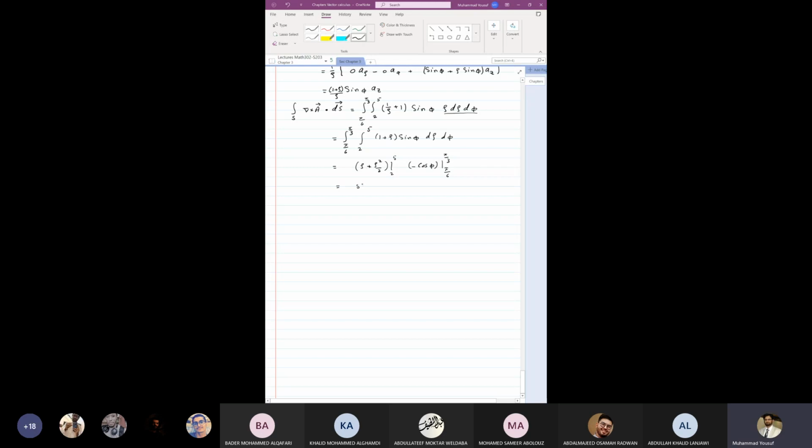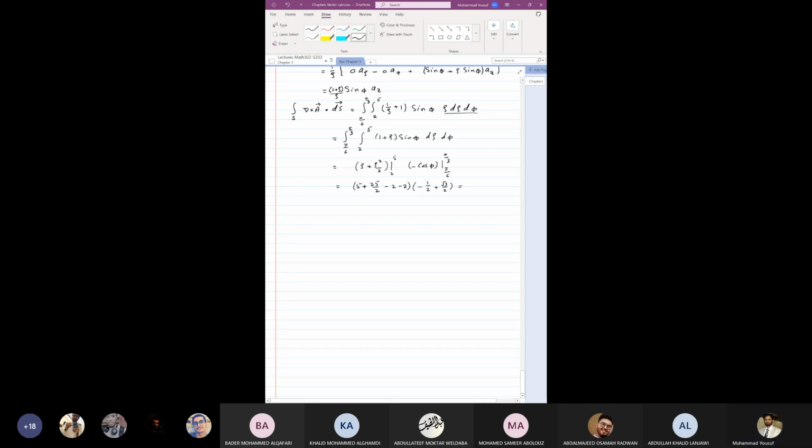This is 5 plus 25 over 2 minus 2 minus 4 over 2, which is 2. Cosine pi over 3, cosine 60, is 1 over 2, minus, plus cosine 30, square root 3 over 2.